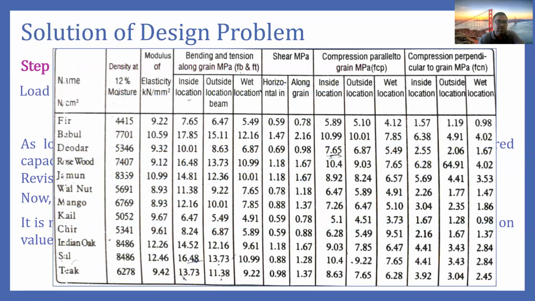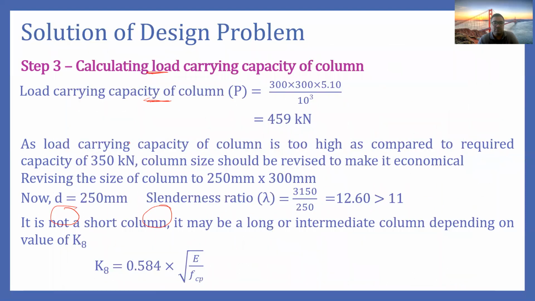To find the E value, we will again go to the table. Here we have the table, and the modulus of elasticity is in the third column. For the Kelwood, the modulus of elasticity is 9.67 kilonewton per mm square. So the E value is 9.67 kilonewton per mm square.